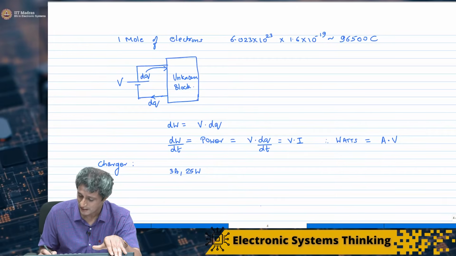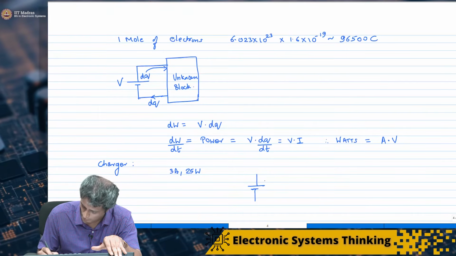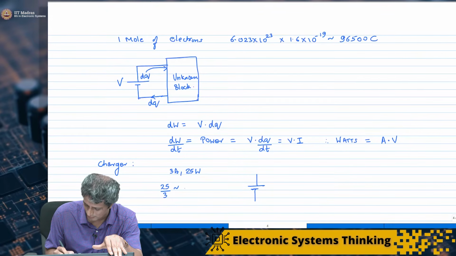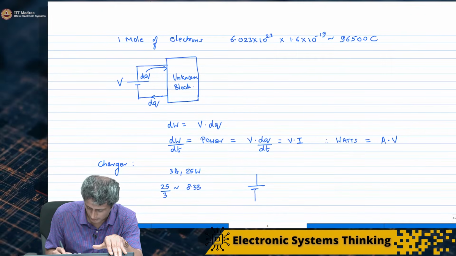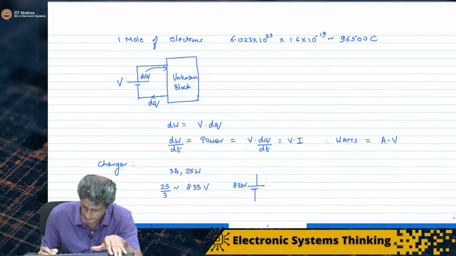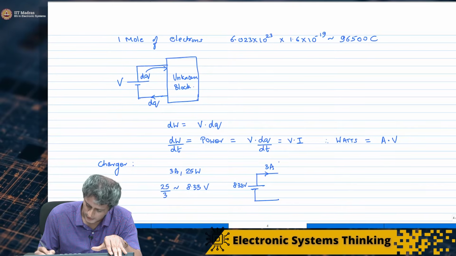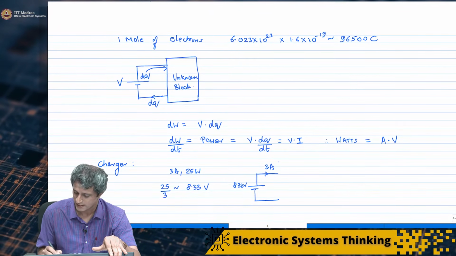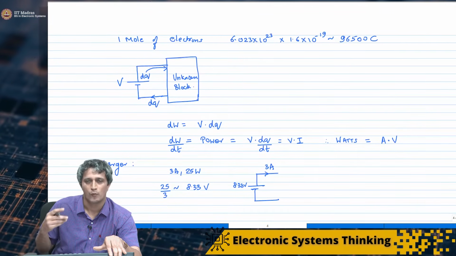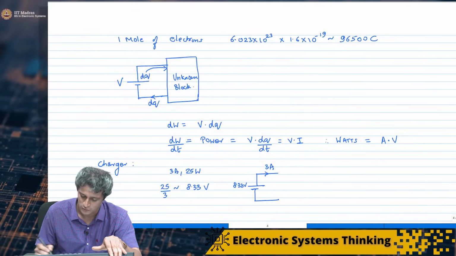So what it basically means is that you are able to provide a voltage which is going to be 25 by 3 amps, approximately 8.33 volts, with a current which can be supplied, which is 3 amps. Okay, this is essentially your charger. Remember that we had also discussed that watts essentially was telling us the rate of charging, right? So that's what you see here.